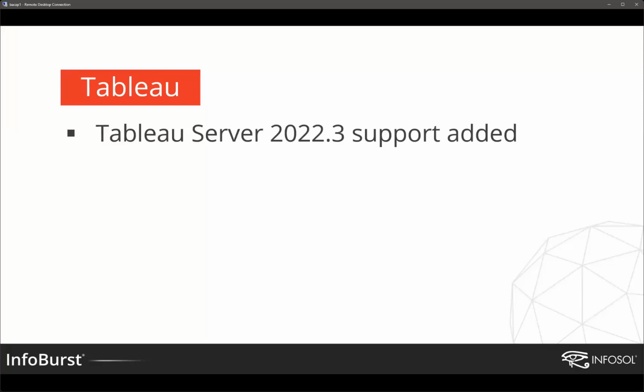So it's entirely possible that if you're not on a current version of InfoBurst, you would be able to point your InfoBurst version at Tableau Server and it will just work, because all the API calls that we make remain pretty static. So before you update, just reach out to us, make sure that the version is supported. And as I said, we're looking to support 2023.1 in our next InfoBurst version.